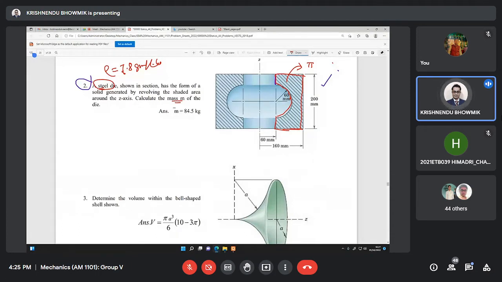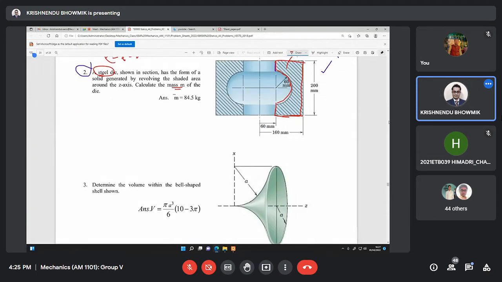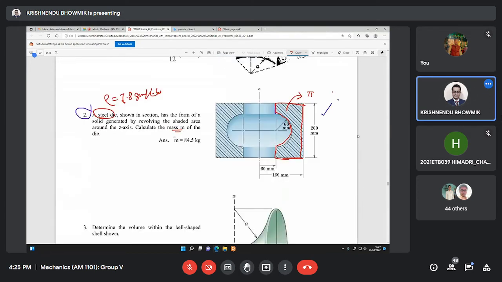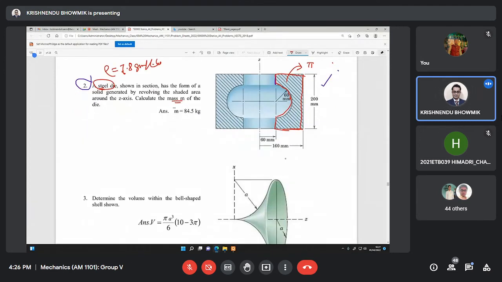To solve this, we'll use the expression using Pappus theorem. We can consider two things. One is, say, we have a solid one, I'm roughly drawing this.